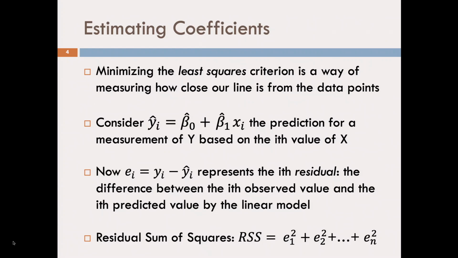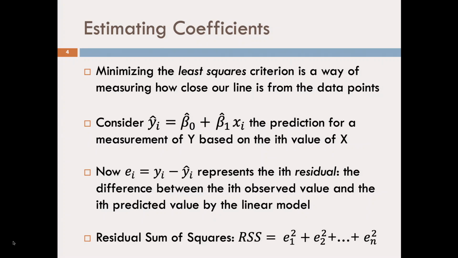So we are going to consider the prediction for a measurement of y based on a given value i of x. Given a predicted value for our outcome and the true value of our outcome, we can compute an error, which is the desired outcome minus the predicted outcome.